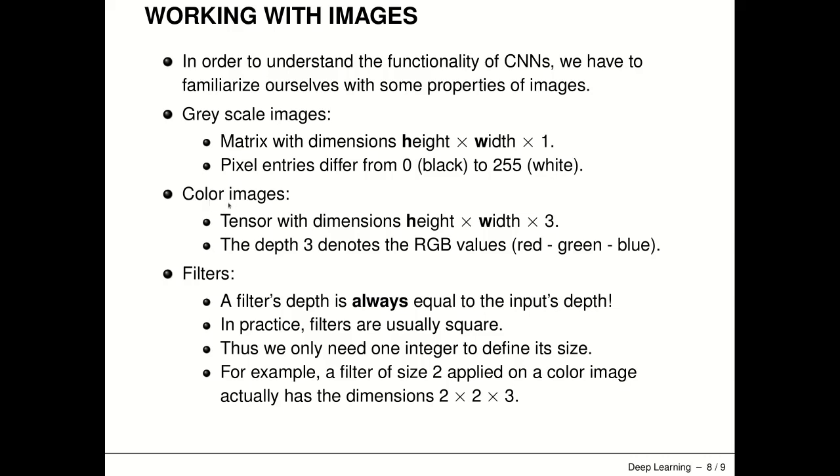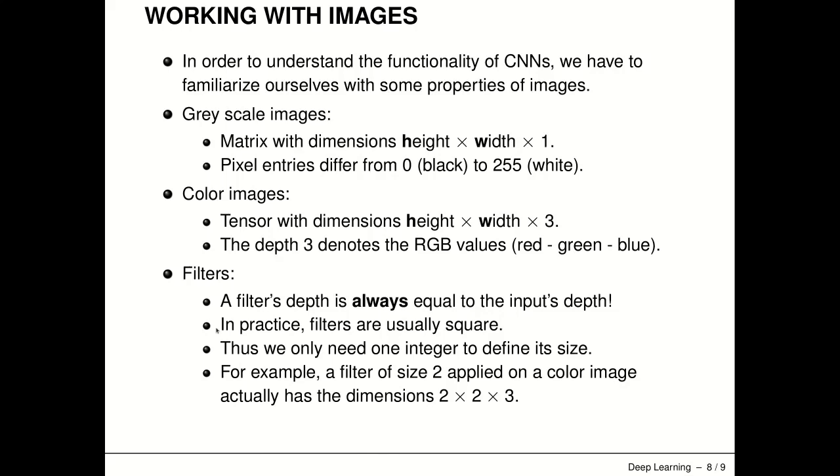For color images, our matrices have dimensions of height, width, and three. Here we have three different input channels, where three is the depth of the image, meaning we have three channels for red, green, and blue, RGB for short.